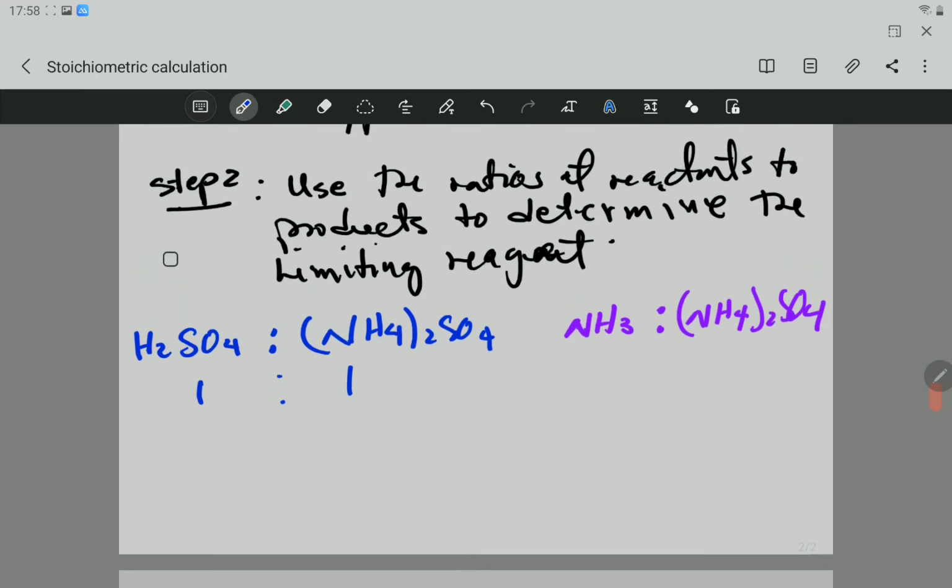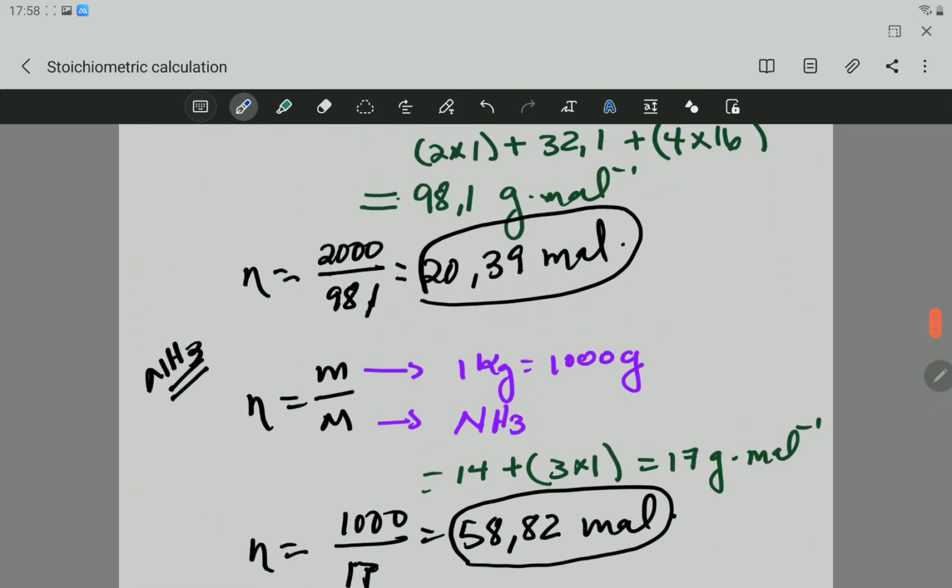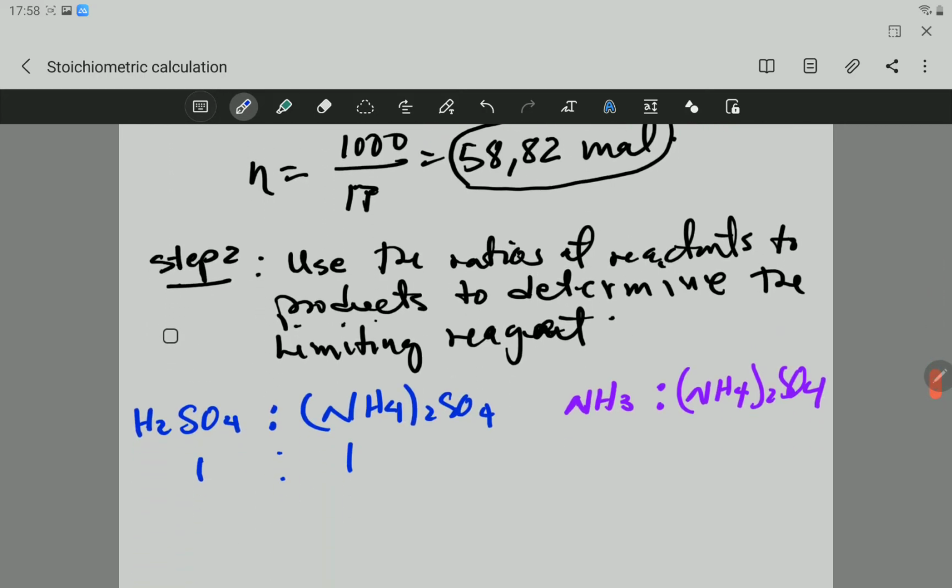It means that if you use 20,39 mole of sulfuric acid, you will get 20,39 mole of ammonium sulfate. Do you understand?